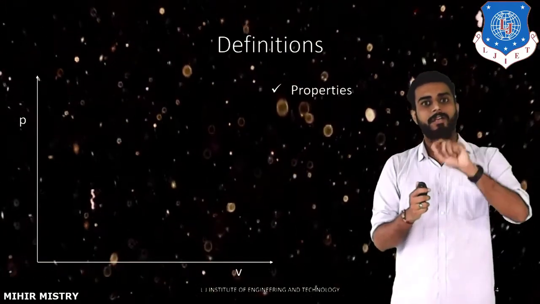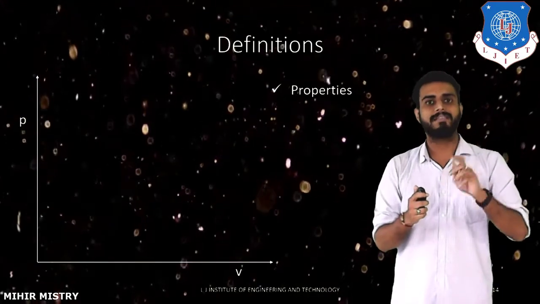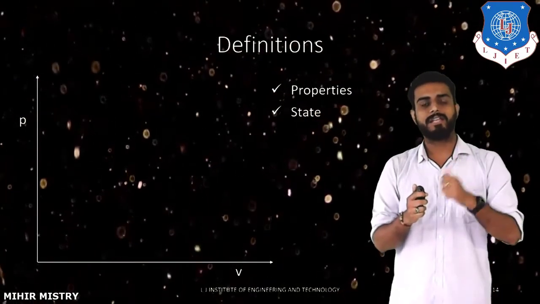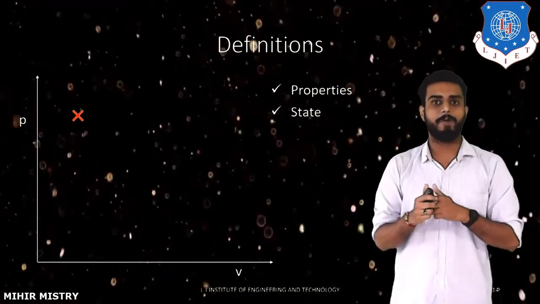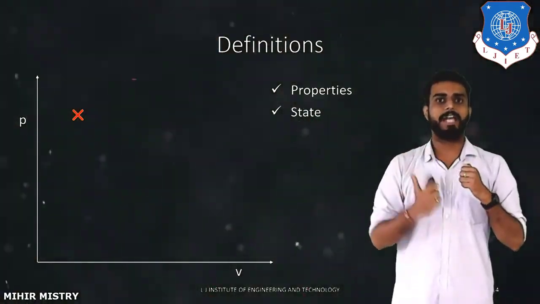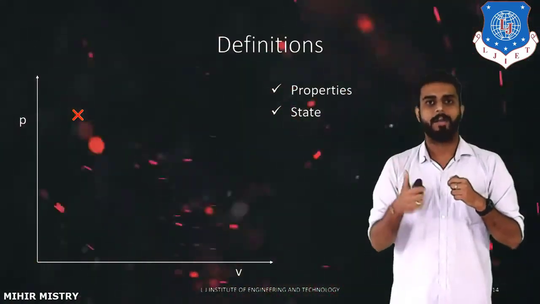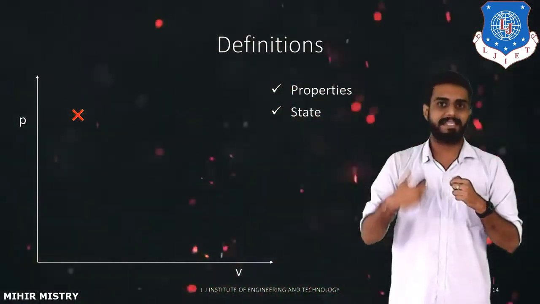Now, if the property has a certain definite value, then it will be known as state, right? As you can see on the PV diagram, I have plotted one state. For this cross mark, you will have a particular pressure value and a particular volume value, on the y and x axes respectively.